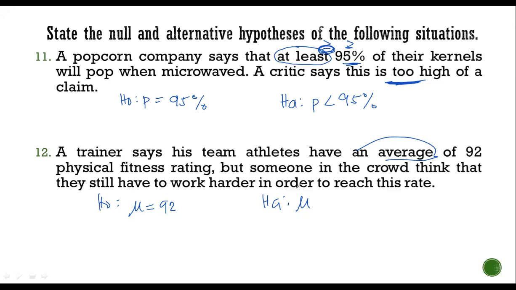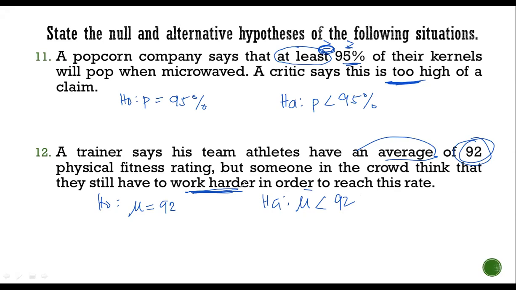Therefore, the correct answer here is less than 92. Kasi masyadong mataas yung 92 to the point that they need to work harder in order to reach it. Diba? Kapag masyadong mababa yung aim mo, mag-work harder ka ba? Hindi.